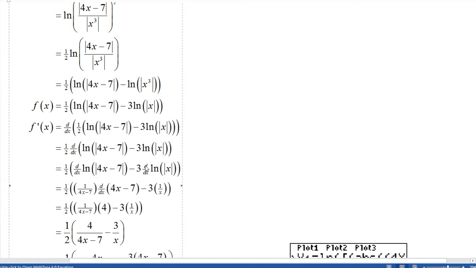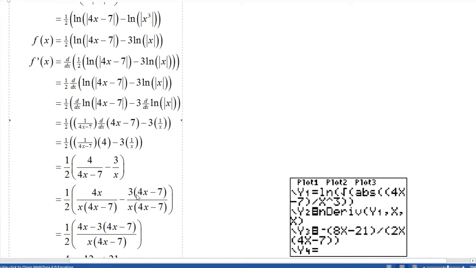I've also used the constant multiple rule again to bring that -3 out front of the derivative sign here. Derivative of ln of absolute value of x is 1 over x. Derivative of ln of absolute value of u is 1 over u times the derivative of u. Derivative of 4x minus 7 is 4. So this is 4 over 4x minus 7 minus 3 over x, and we still have our 1/2 out front.